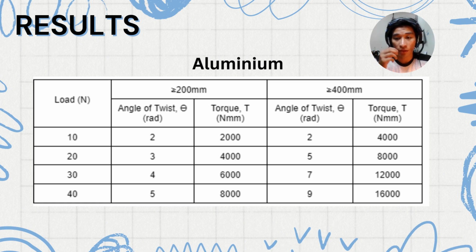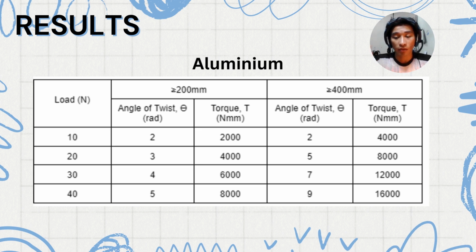40,000, 80,000, 12,000, and 16,000 Newton meter torque. Next, for aluminium, we use loads of 10, 20, 30, and 40 Newton, and at 200 millimeter, the angle of twist is 2, 3, 4, and 6.5 rad. It increases respectively with the load, and the torque is 2000, 4000, 6000, and 8000.